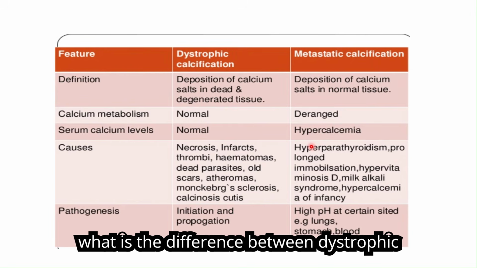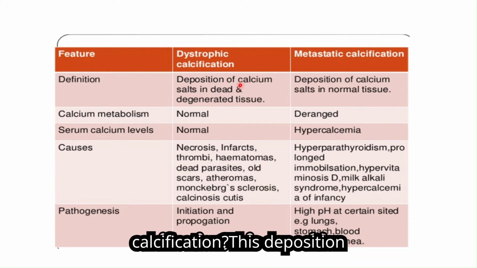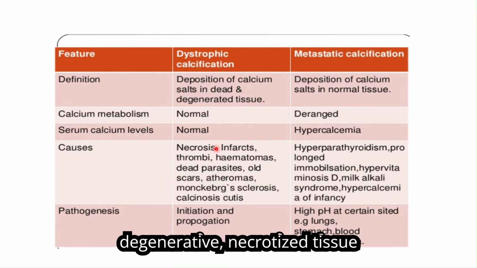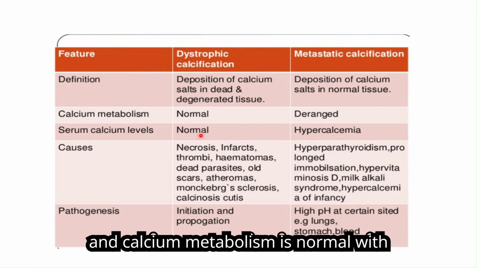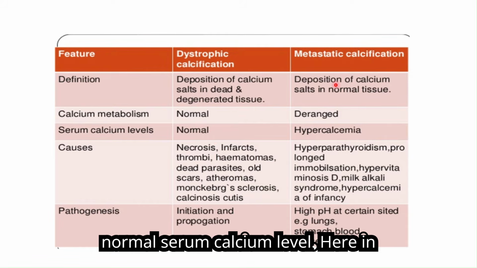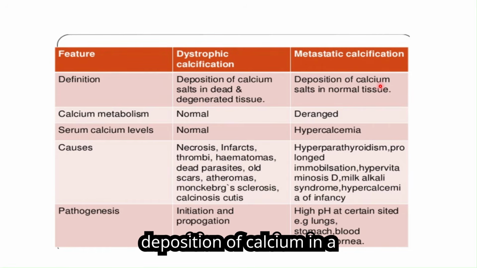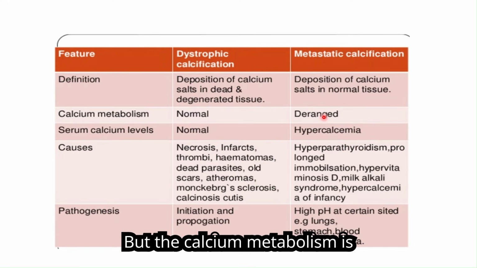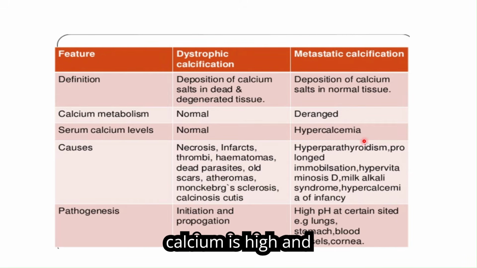So what is the difference between dystrophic calcification and metastatic calcification? Dystrophic deposition is mainly in the dead, degenerative, necrotized tissue, and calcium metabolism is normal with normal serum calcium level. Here in metastatic calcification, there is deposition of calcium in a normal and alive tissue. But the calcium metabolism is deranged and patient serum level of calcium is high.